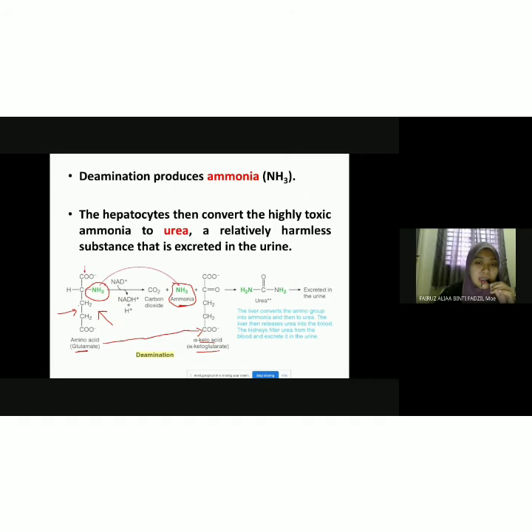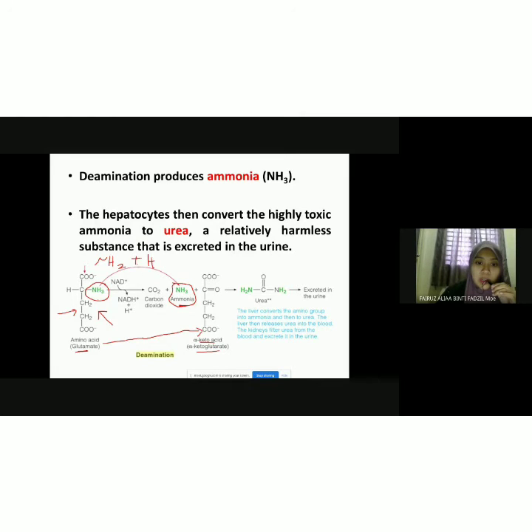In the picture they can also draw the amino group already combined with hydrogen as ammonia. But to be specific, first they remove the amino group NH2, then the NH2 combines with another H, producing ammonia.